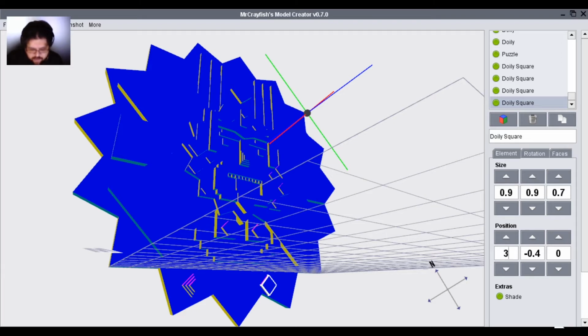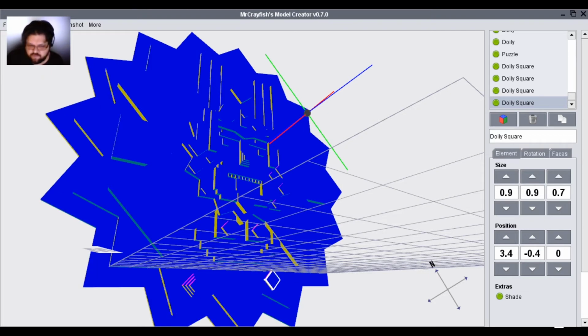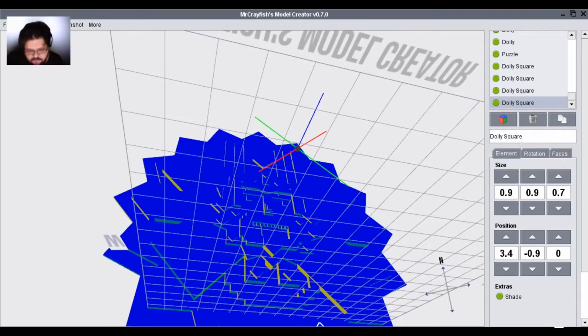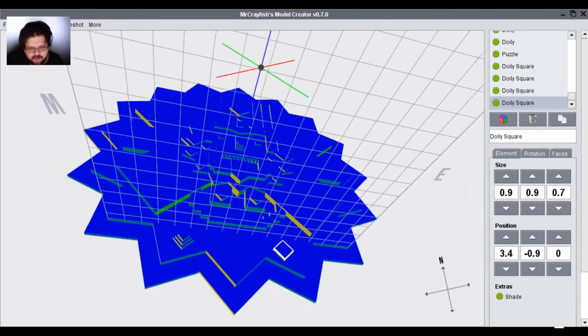So what will that be? 3.4, and then 0.1? Negative 0.9. How does that look, though?